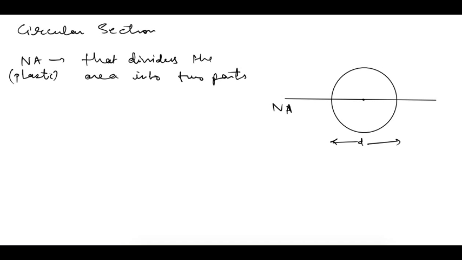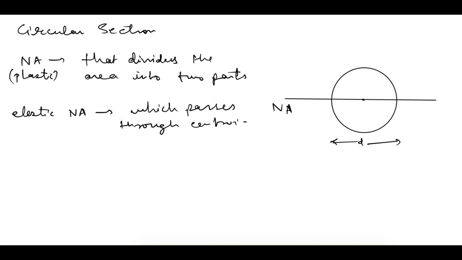And in case of elastic neutral axis, the elastic neutral axis would be the axis which passes through the centroid of the section. So why does this axis pass through the centroid of the section?